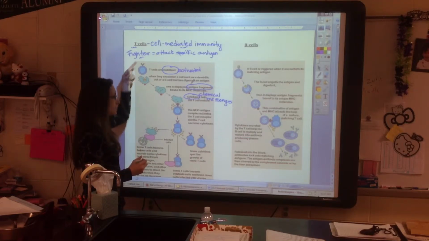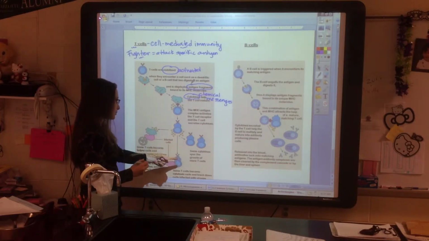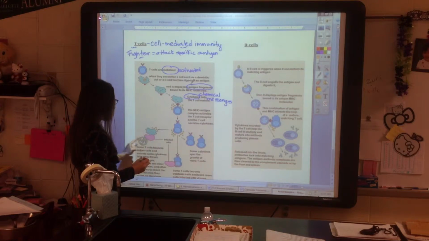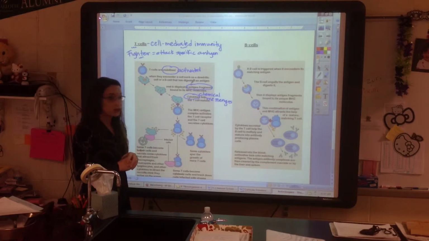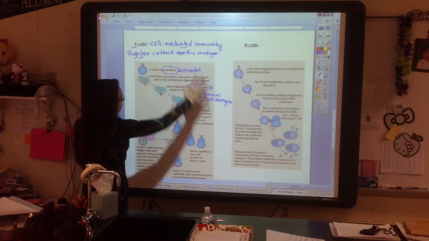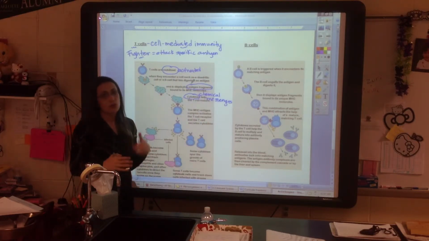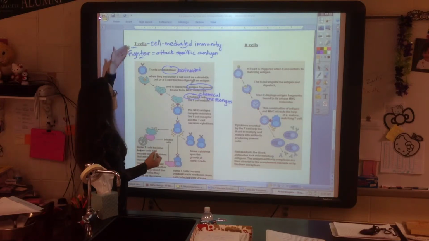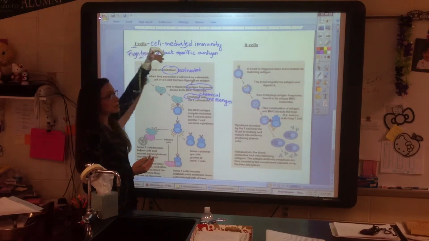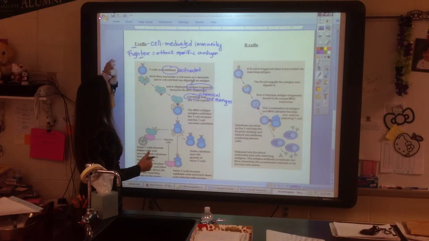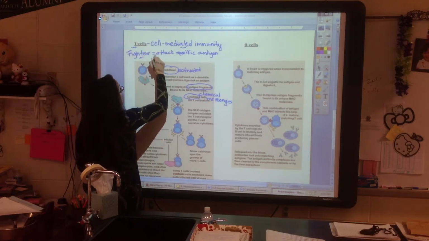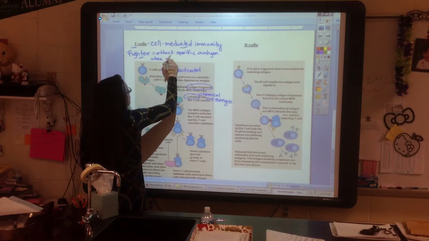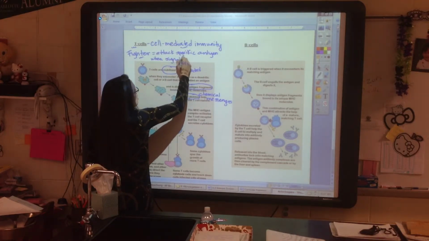The T cells are actually able to attack and kill infected cells, and they're really able to attack and kill these antigens. There's a lot even in this picture that you don't need to know. The key about T cells is it's called cell-mediated immunity, and they are the fighter cells that attack the specific antigen when signaled.